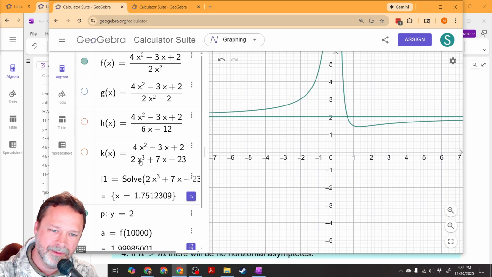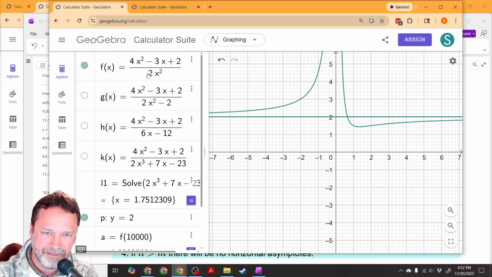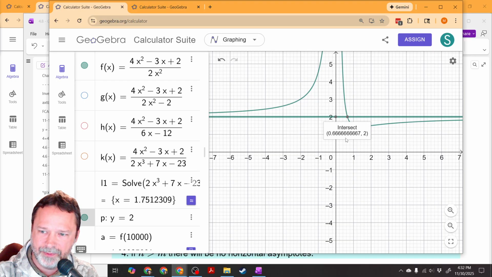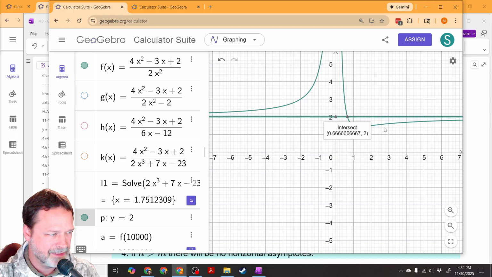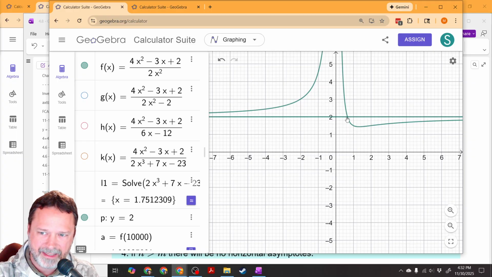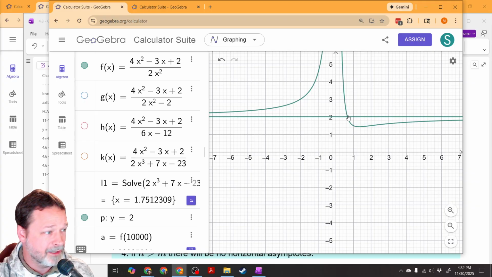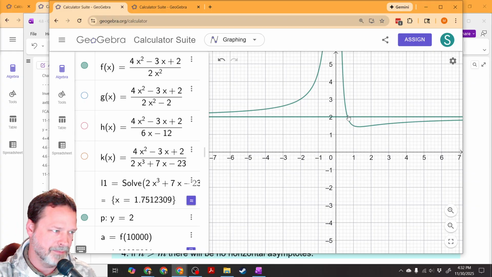Now, something you'll notice, and this is why I did this example in particular for f, is here we have an intersection point. That's something a lot of students have a misconception about. They think the graph can't cross a horizontal asymptote. And it can cross it. They can cross it lots of times, not just once.